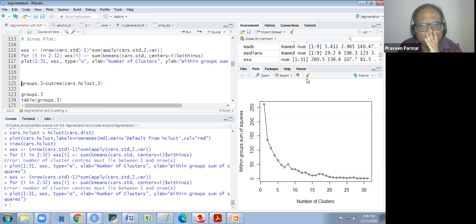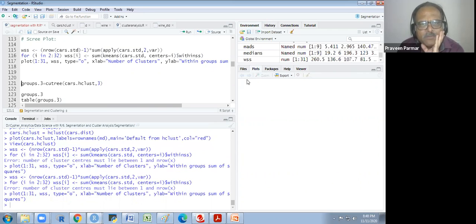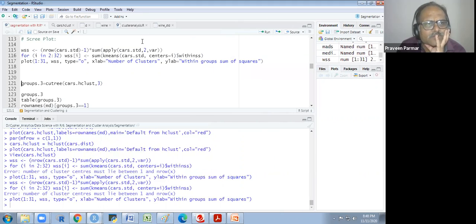Well, there is some bug, I think. Sometimes it works and sometimes it does not work. Some K-means center.